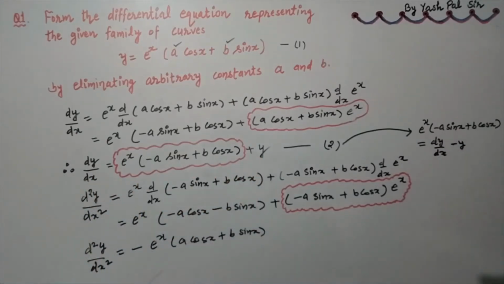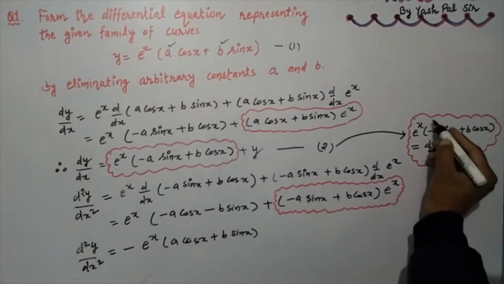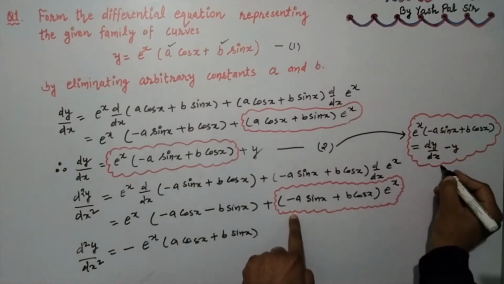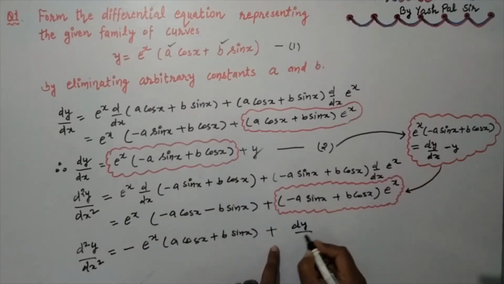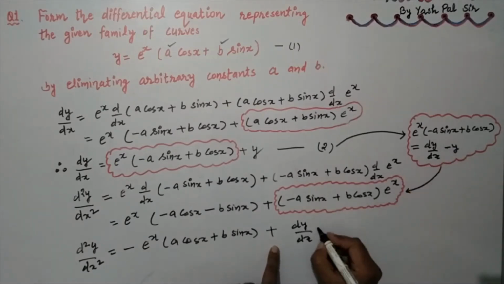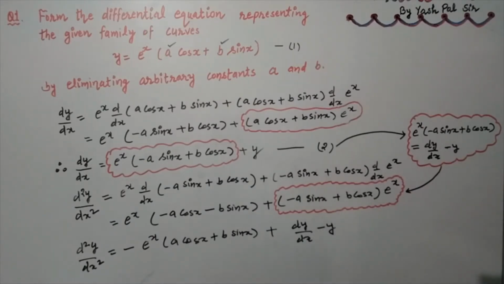This y will go here as minus y. This whole value we are going to substitute here. So in the next step, this whole value we write as dy upon dx minus y.